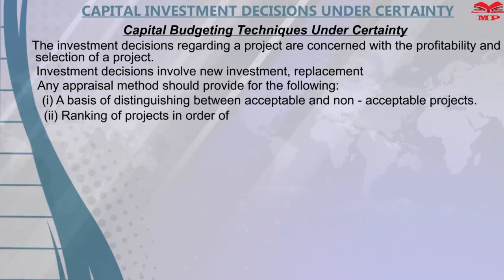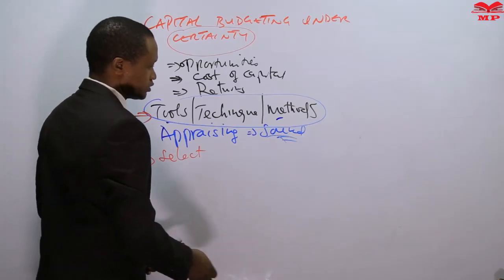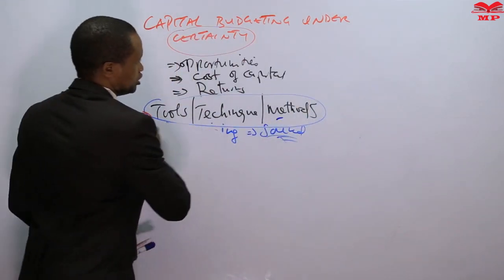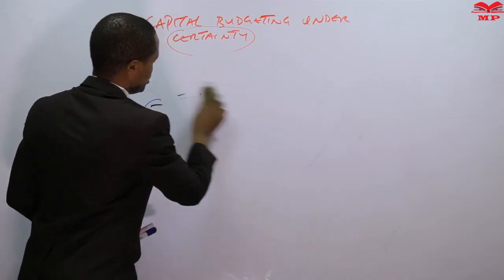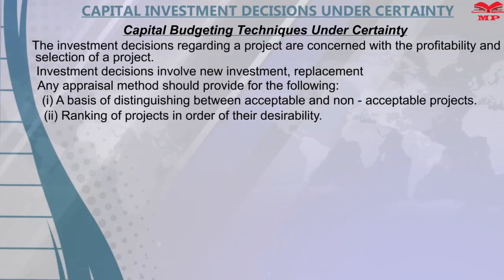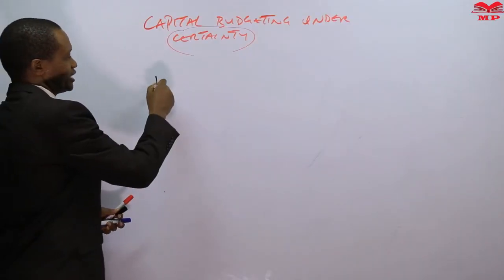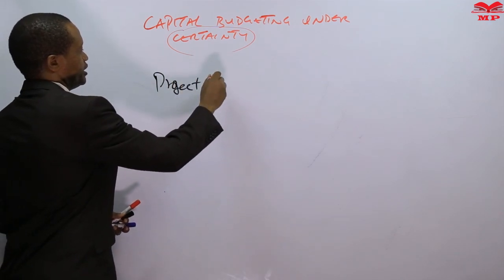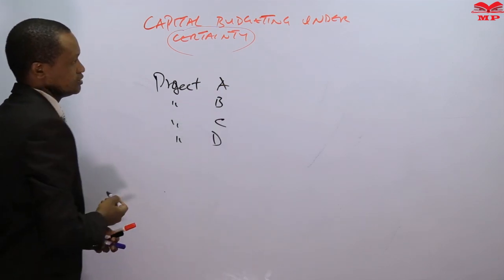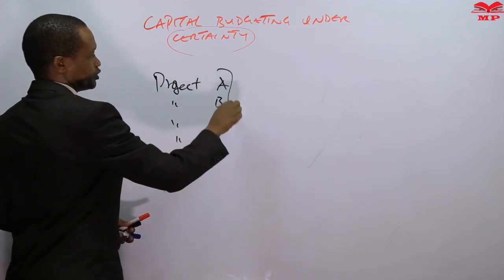Number two is ranking of projects in order of their desirability. The technique that ought to be adopted should be one that can rank projects in order of their desirability, so that if you have several projects, like project A, project B, project C, project D, the technique that you use should be able to rank these projects.